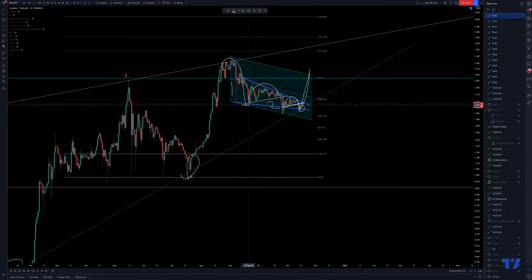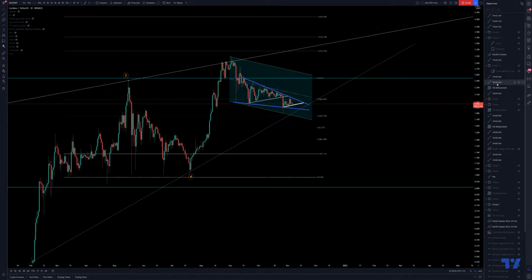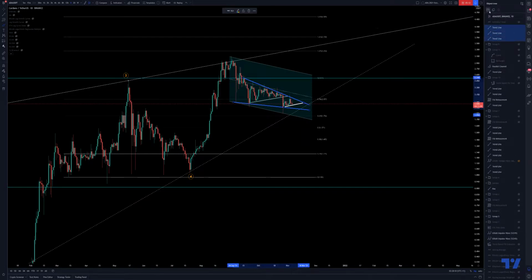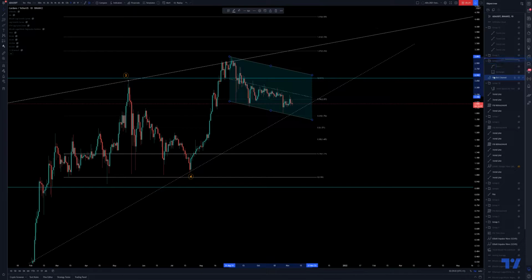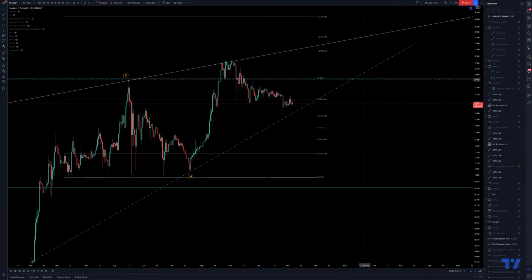Now, what does this look like? If I was to draw a line like that, actually, let's do a better job on that. Let's hide some of these lines. Where is this line? Just a sec. We'll get rid of that line as well, and I'll get rid of this channel.